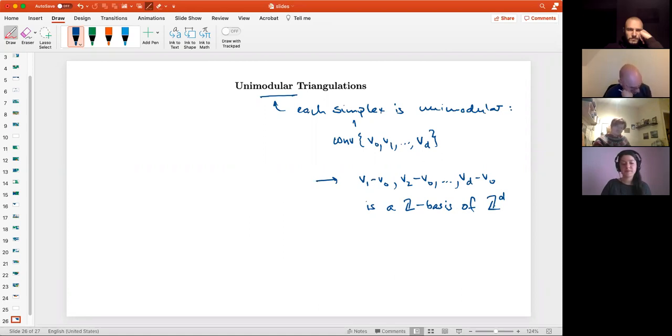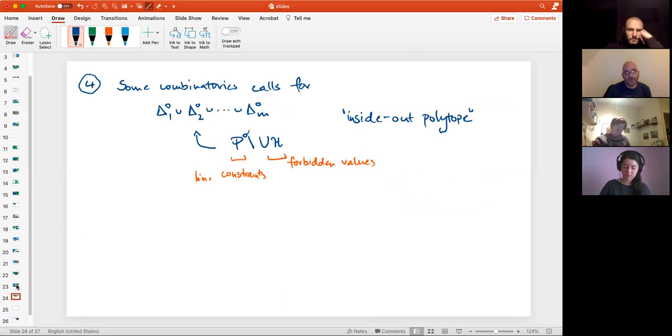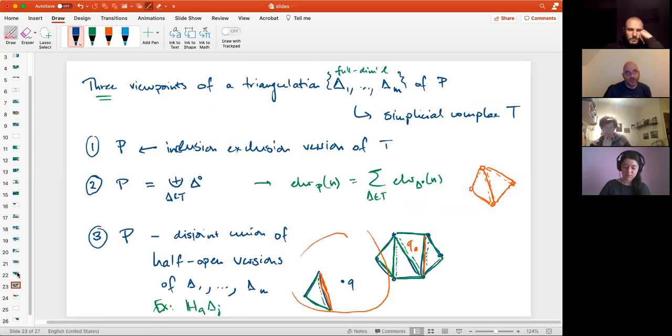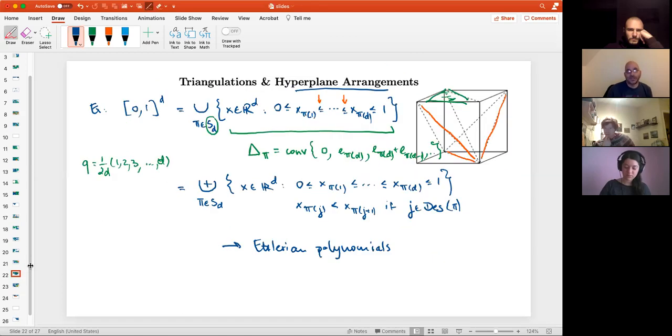These are lattice polytopes of minimal volume, smallest possible. And again, you know a unimodular triangulation. Where is it? It's right here.